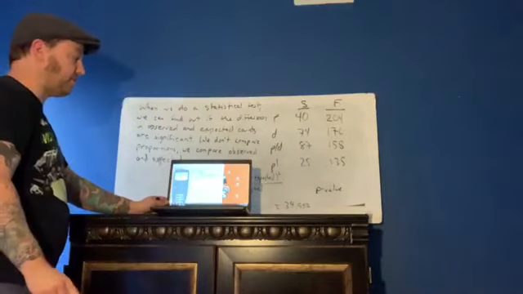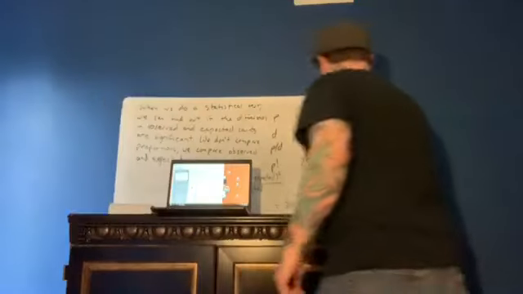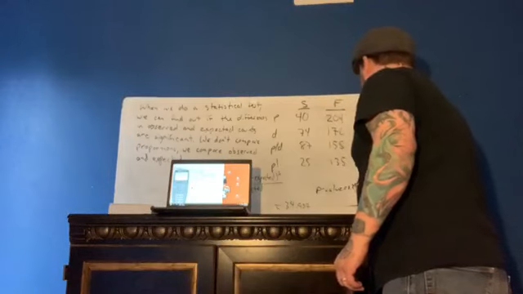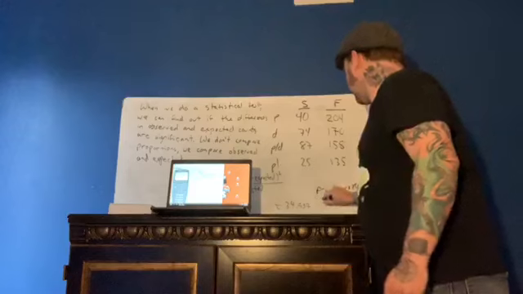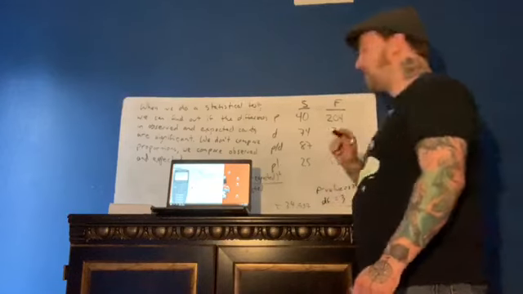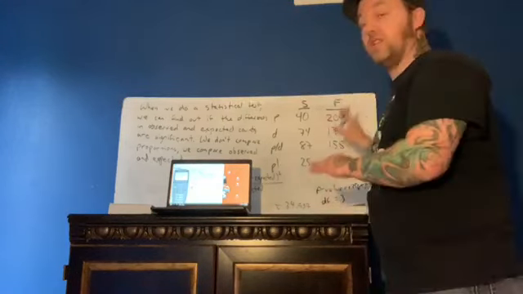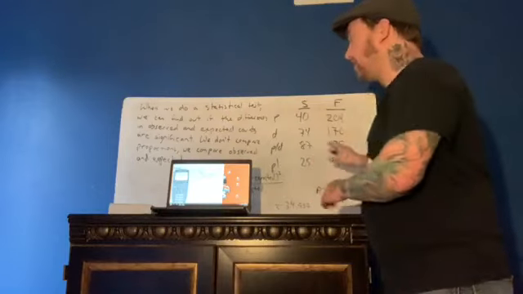P-value is 1.256 times 10 to the negative 7th. Degrees of freedom equals 3. So let's talk about how all this works.